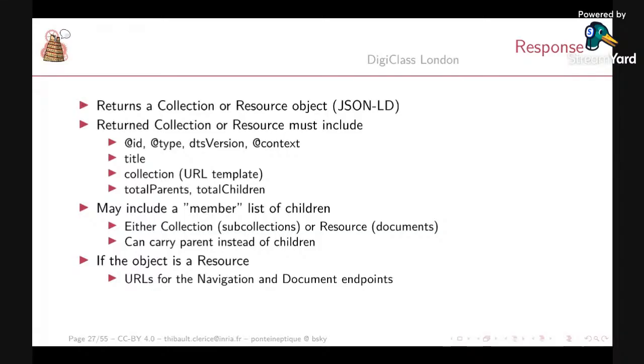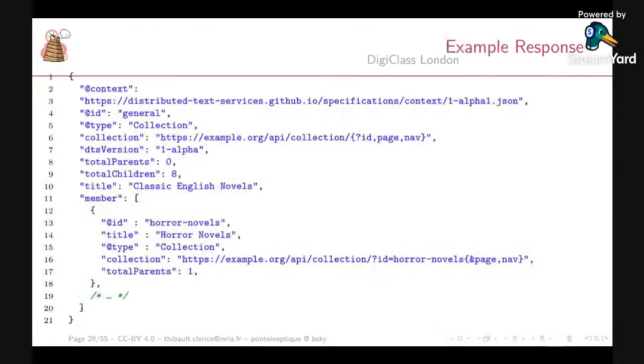It may include a member list of children or parents, depending on if you're browsing top down or bottom up. If the object is a resource, it will also bring you links to navigation and document endpoints.